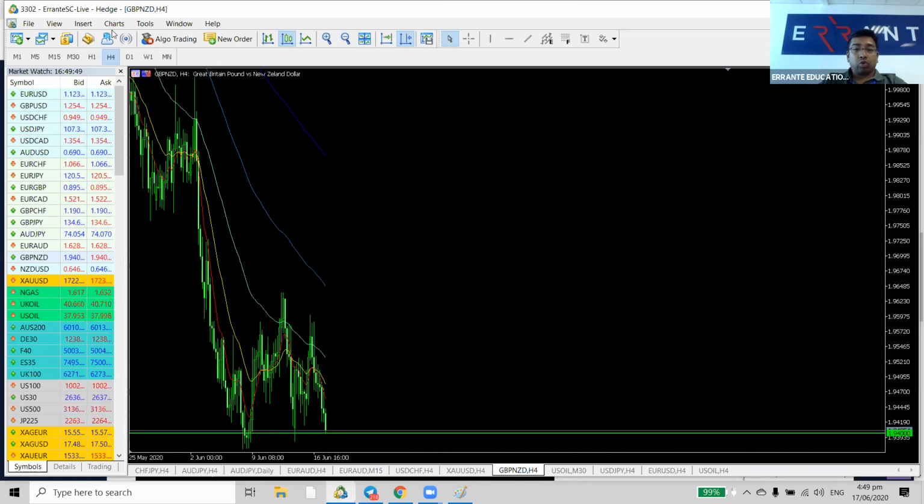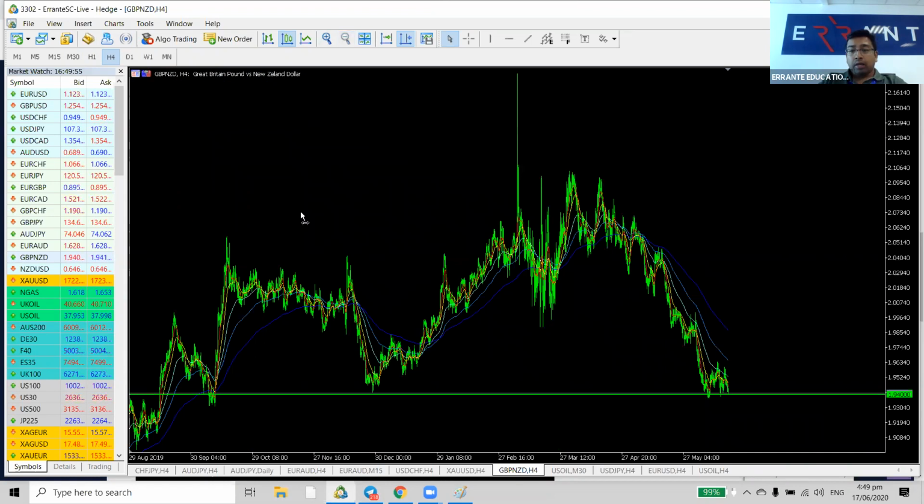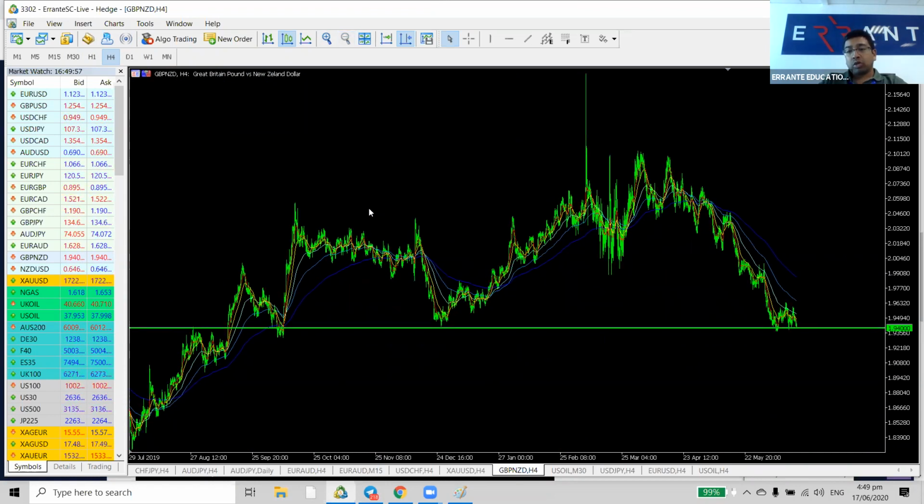Now let me just go on to the 4 hour chart, and if I were to zoom out, you can then look at how we have had a very significant support level that has bounced off from the 1.9401 or 02, which is considered as the 1.9400 level, right up to further levels at the very top.